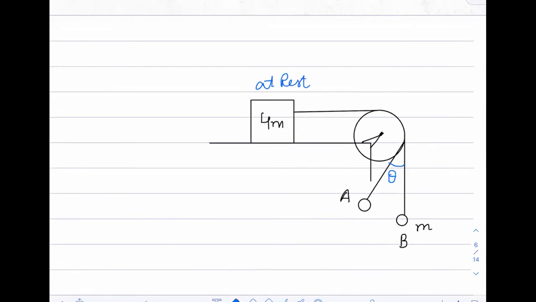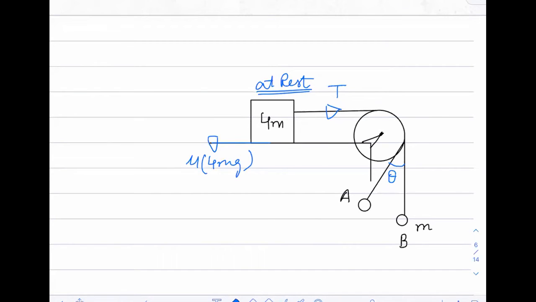If this block is at rest, there will be a tension force which will try to pull it. This tension force will be countered by the frictional force. So this frictional force I can write as mu 4mg, correct?